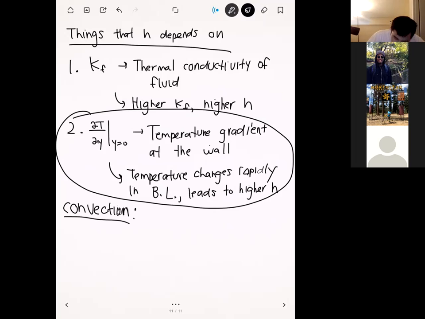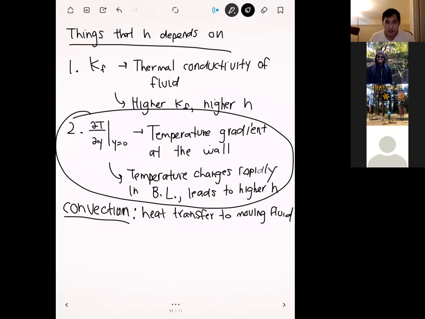Up to this point, the definition for convection that we've been using is heat transfer to a moving fluid. And because of the fluid motion, we often end up with enhanced heat transfer compared to just pure conduction. That's what we mean when we talk about convection.